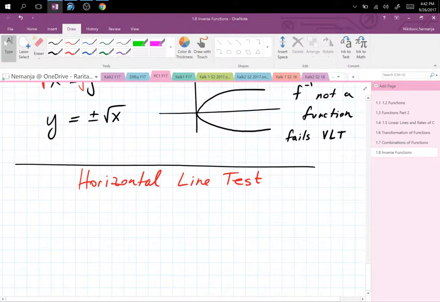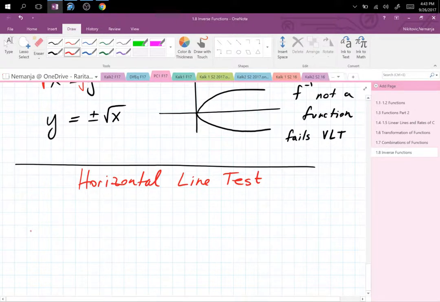If the horizontal line test passes, f of x has an inverse function. If it fails, it has inverse, but that inverse is not a function, so it does not have inverse function. It has inverse, but doesn't have inverse function. Be very careful about the words used there. There's a difference between the two.